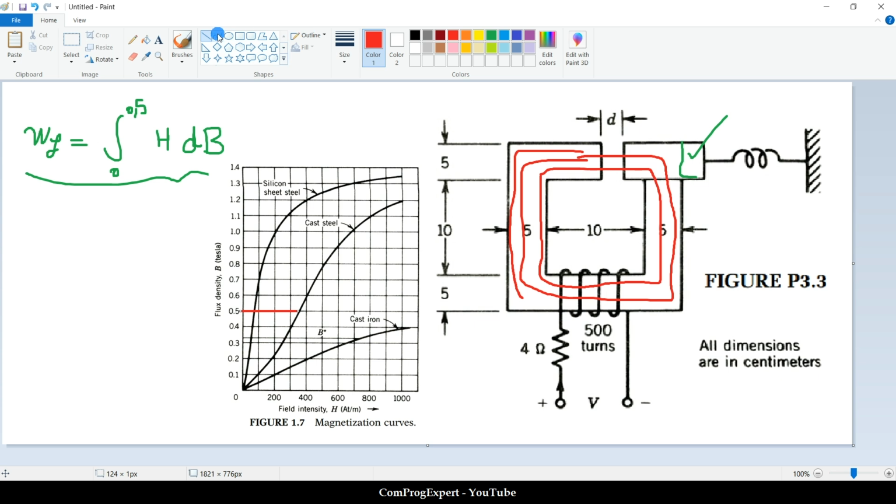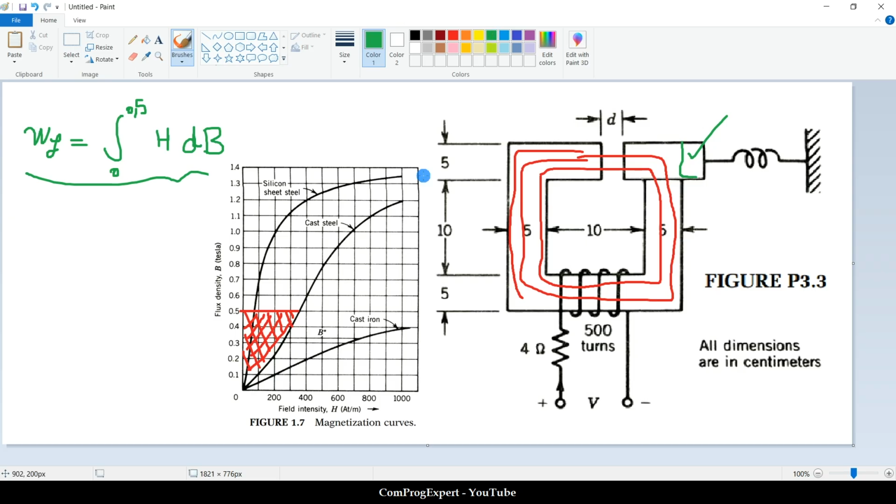this will be the stored energy density in the core for the cast steel. How can we calculate this area? We should calculate this area numerically, okay?